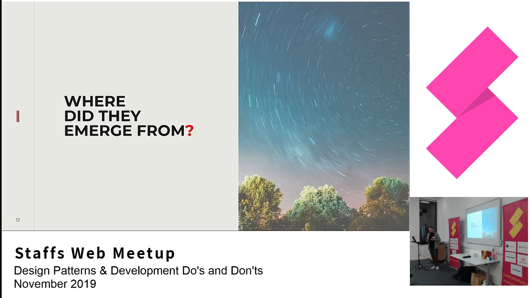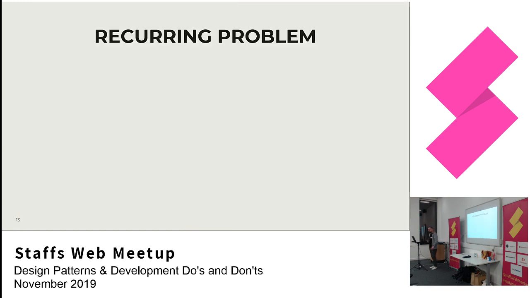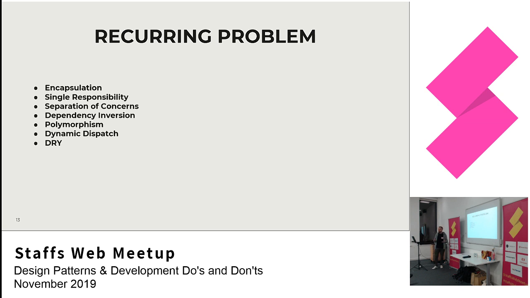So where does a pattern emerge from? How does a pattern even come into being? Where did these four authors find the patterns from? If you take any arbitrary object-oriented problem, and we have some designer working on the problem, they know these good object-oriented principles we use day to day: encapsulation, single responsibility, separation of concerns, and so on.